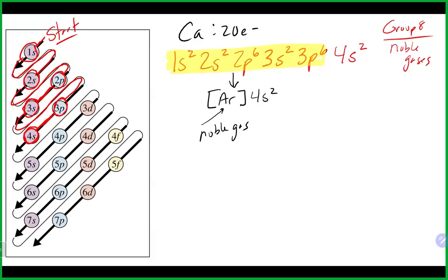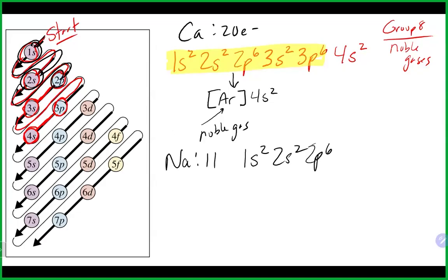So for example, if we did sodium, which is 11, and we followed our chart here, we would end up with 1s2, 2s2, 2p6, and now 3s1. And if we count up the top numbers, we have 2, 4, 10, and 11.